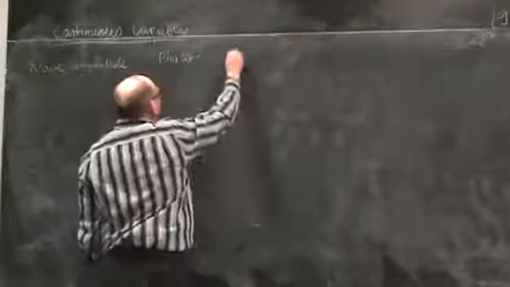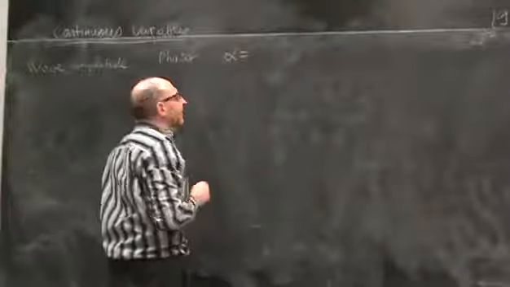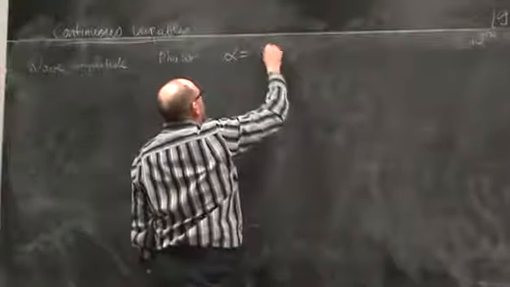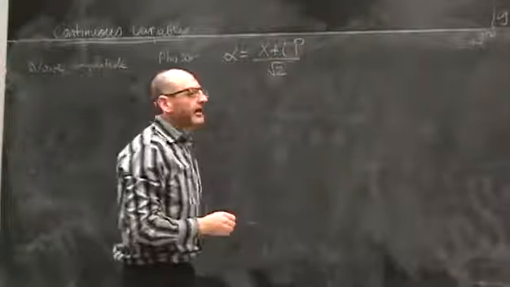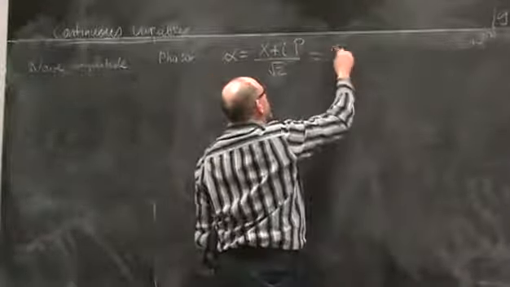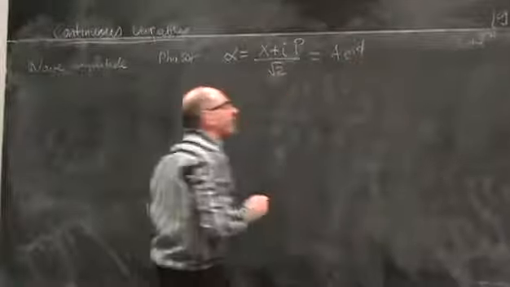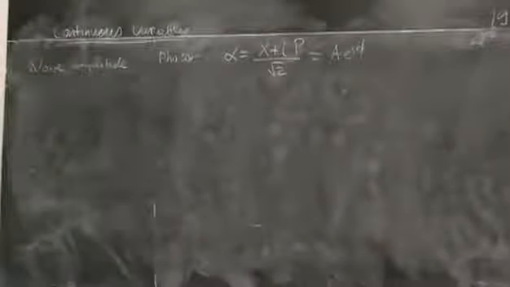And classically, we wrote that as a complex number, which we normalized this way, with an amplitude and a phase, or the real and imaginary part that we call the quadratures, right?